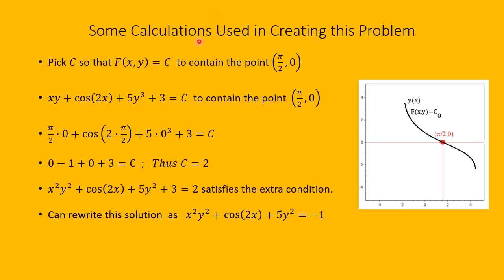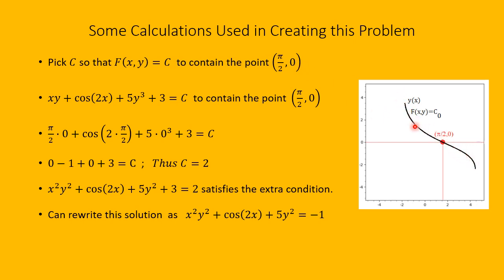So next, I decided to add a side condition that our solution would have to satisfy, and I decided that I want the solution to be a function that goes through pi over 2 comma 0. In other words, I want the graph of this to go through this point as we have here.